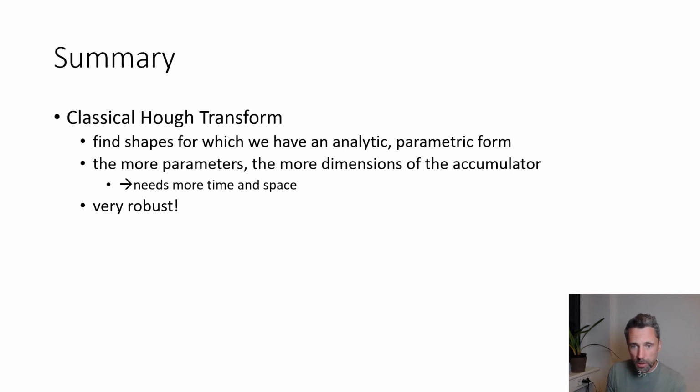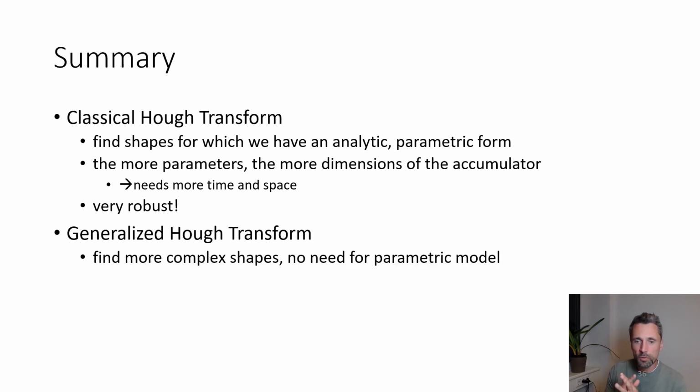People still use it for a variety of problems, and that's why I chose this algorithm for this course. The generalized Hough transform is used to find more complex shapes, although obviously you can even use it for finding circles or ellipses if you want. There's no need for a parametric model anymore.